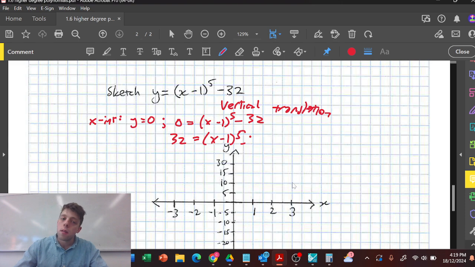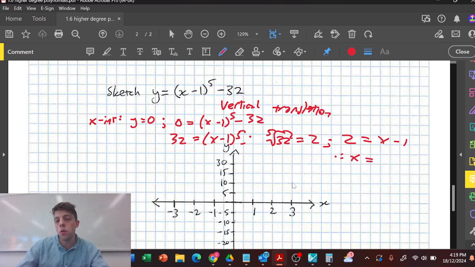Then we can take the fifth root of 32, which should be equal to 2. So 2 is equal to x minus 1, which tells us that x is just equal to 2 plus 1, which is 3. So we have here the coordinate of our x-intercept, which is (3, 0).